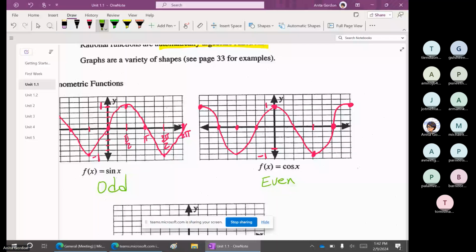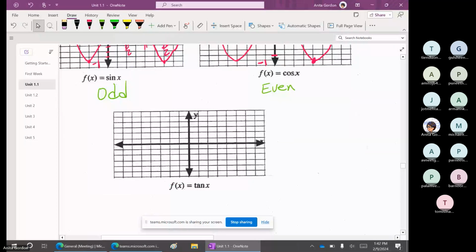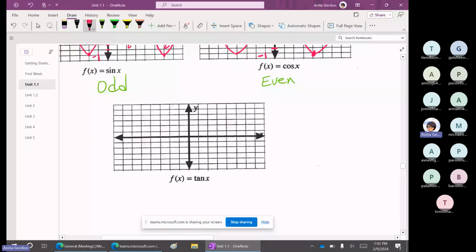Okay? Tangent. For the tangent function, same idea. This is going to be pi by 2. This is going to be pi, 2 pi out here. Okay, starting at the origin, what am I doing?